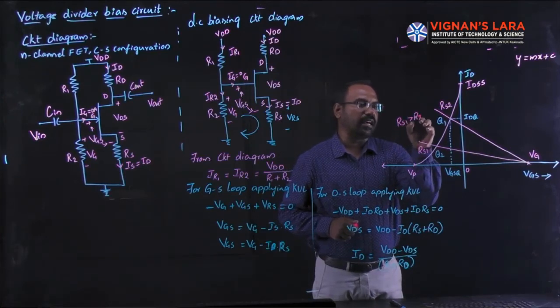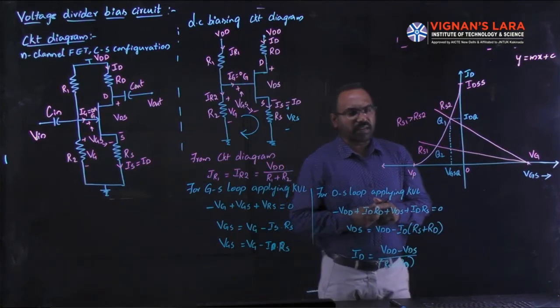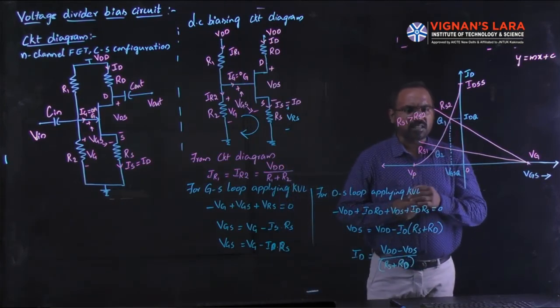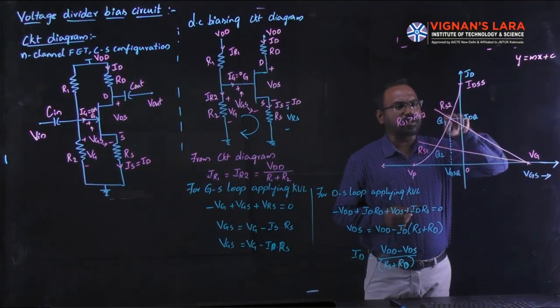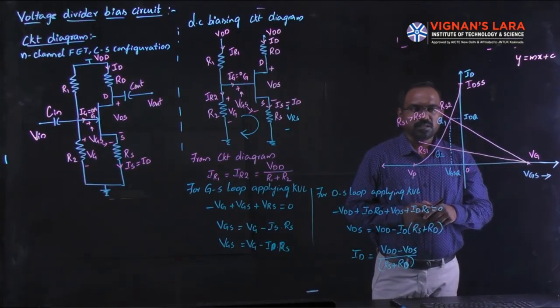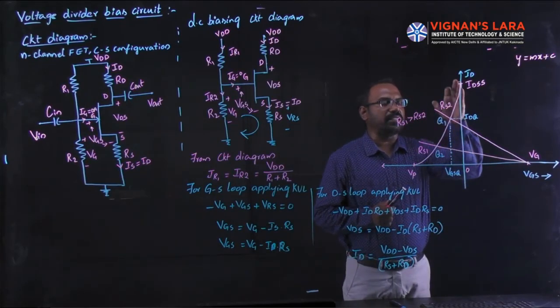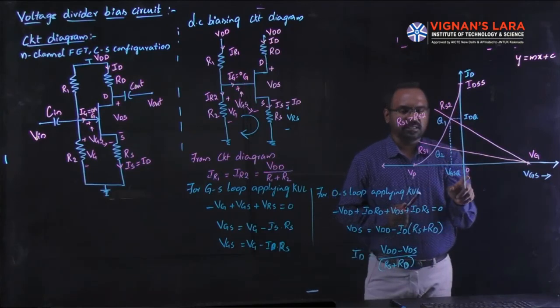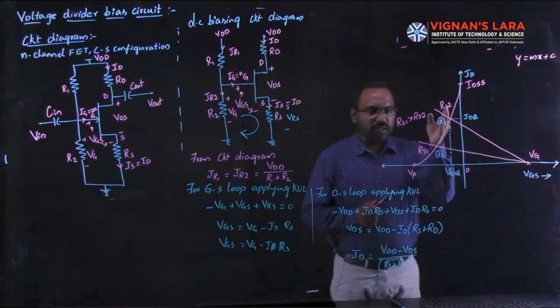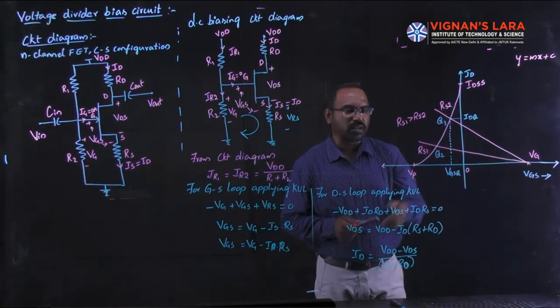RS1 is greater than RS2. When you increase this, it is moving downwards. When you reduce it, the quiescent point will move in this direction. So when RS is decreasing, the quiescent point current is increasing. That means it is approaching IDSS. When you increase the RS value, it is approaching VP. So this is how the quiescent point is going to vary.